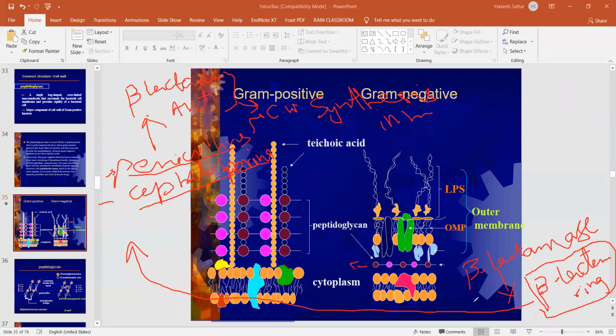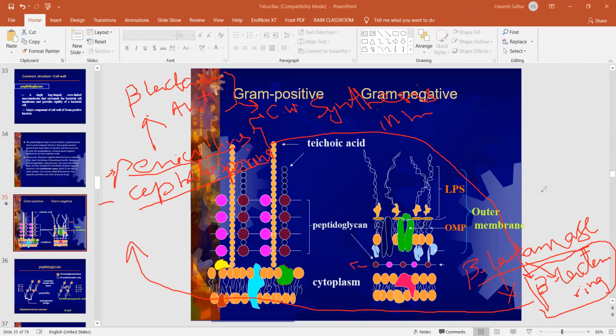But this beta lactamase enzyme degrades the beta lactam ring which is present in these drugs. The antibacterial effect of these drugs is due to this beta lactam ring, and when you break it down, their antimicrobial effect is lost.